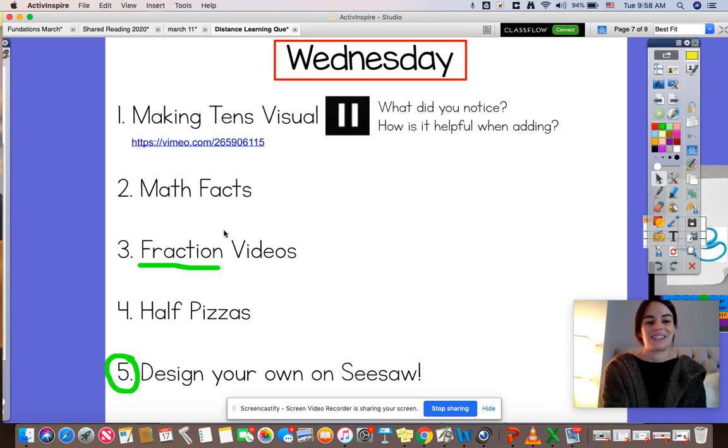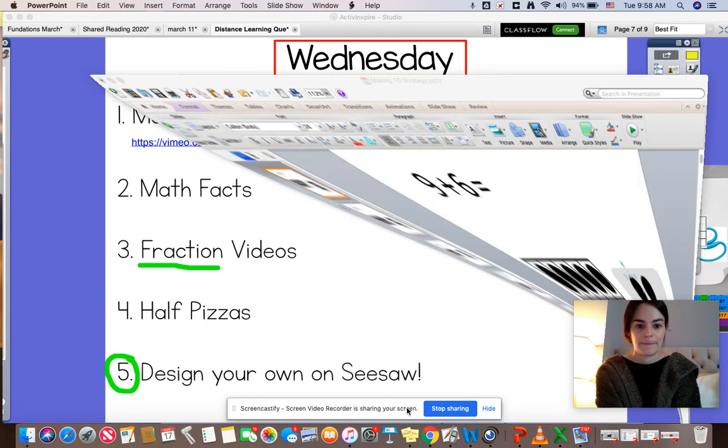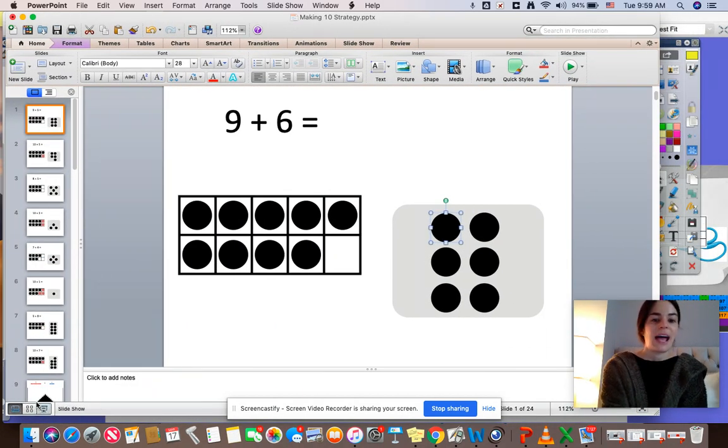All right, my friends, we're going to go over our math facts right now. That's step 2. And our math facts are actually going to use that strategy that we just talked about called making 10. All righty, so let's get started.